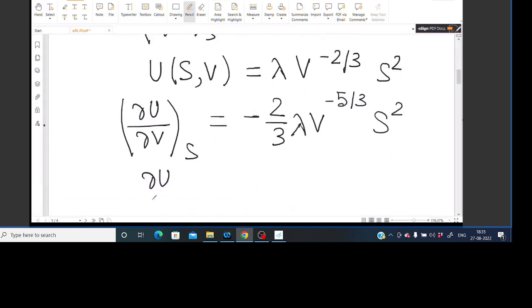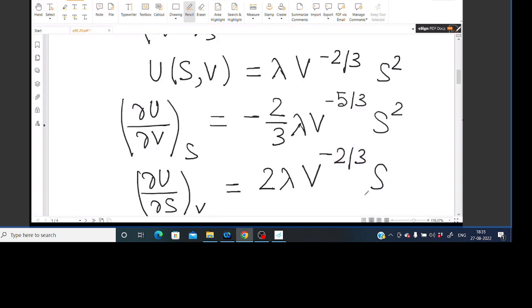Also, del U by del S at constant V is equal to 2 lambda V to the power minus 2 by 3 S.